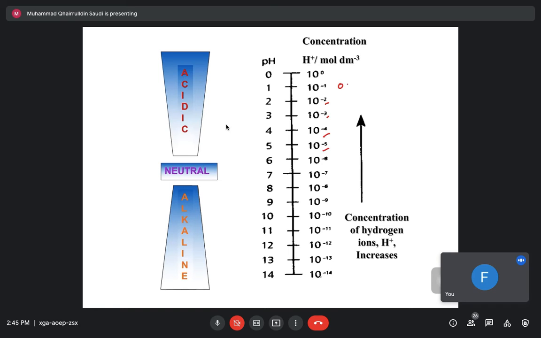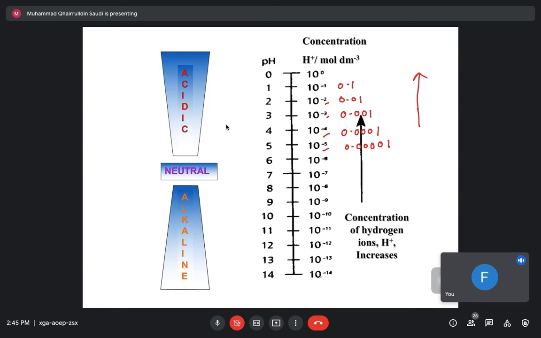Ni kan 0.1, ni 0.01. This one 0.001, 0.0001, 0.00001. Okay? Kita tengok concentration of hydrogen ion makin atas makin banyak, makin ke bawah makin sedikit.